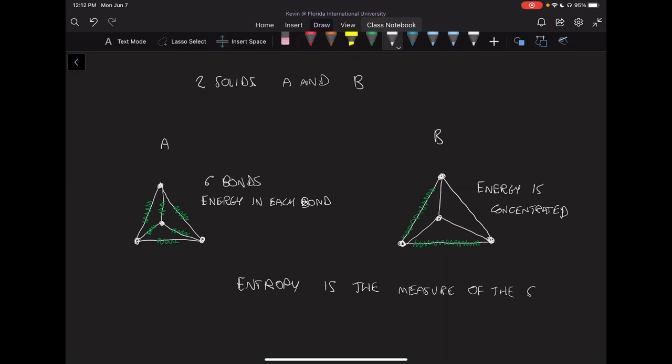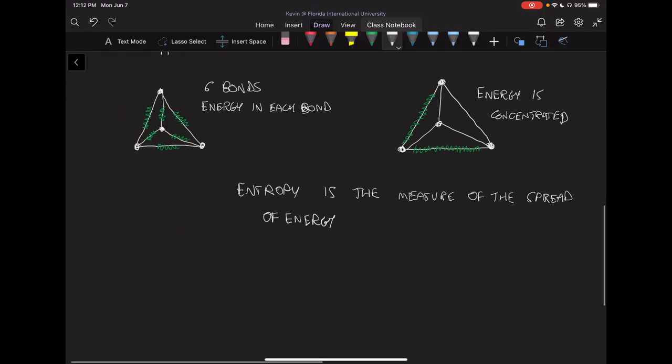That means in our case, A has high entropy and B has low entropy.